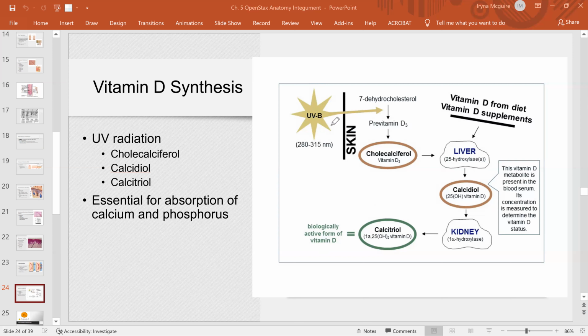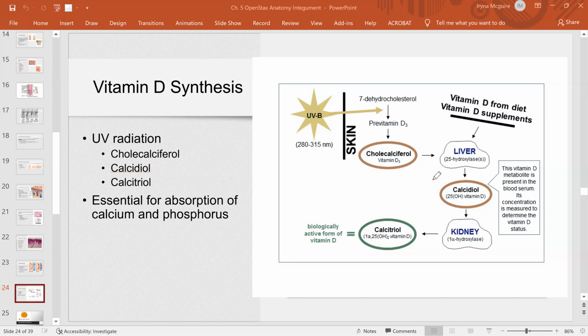So you need UV radiation, or you need sun. You need to be out in the sun, not too much, but still you need the sunlight to activate this pre-vitamin D, cholecalciferol. For example, if you don't have enough from your diet or supplements, then your skin can synthesize cholecalciferol, your liver converts it into calcidiol, and the kidney into calcitriol.